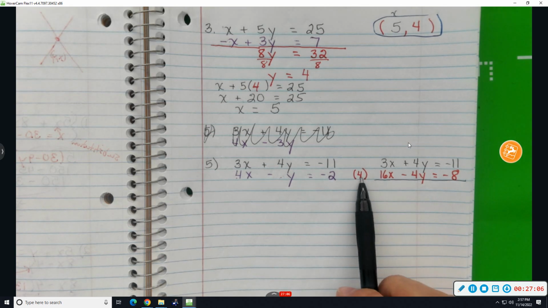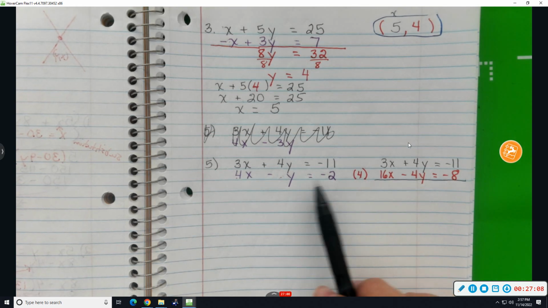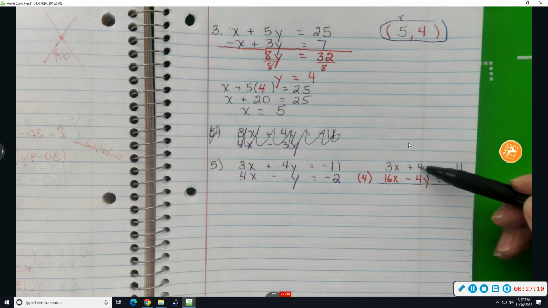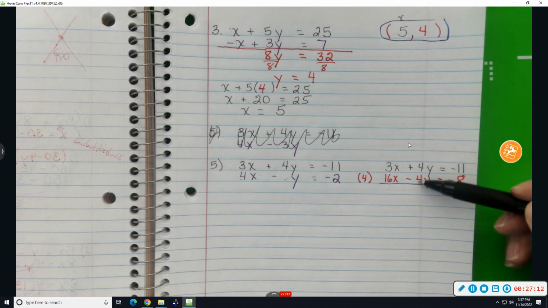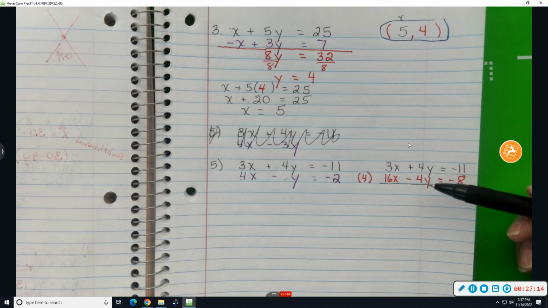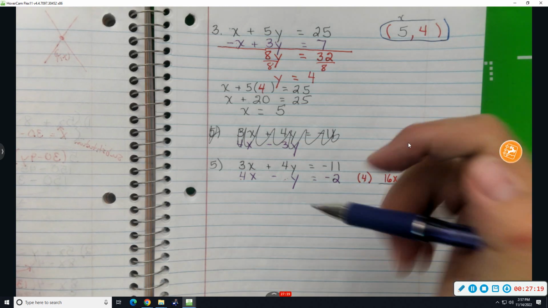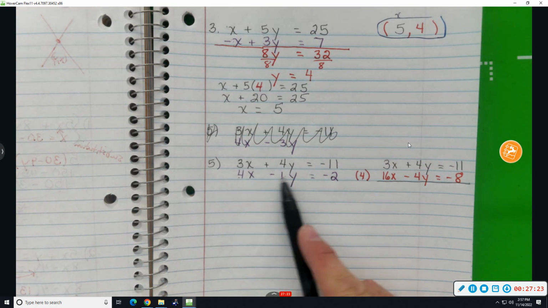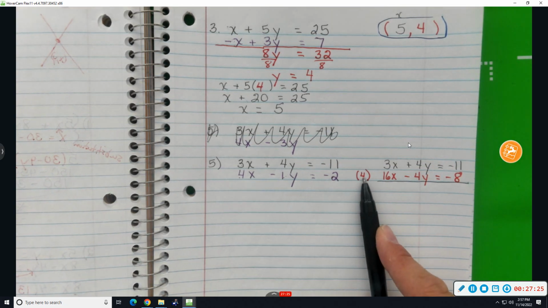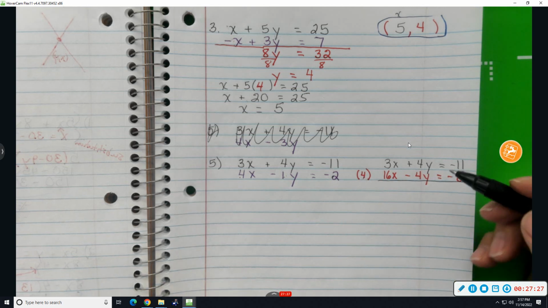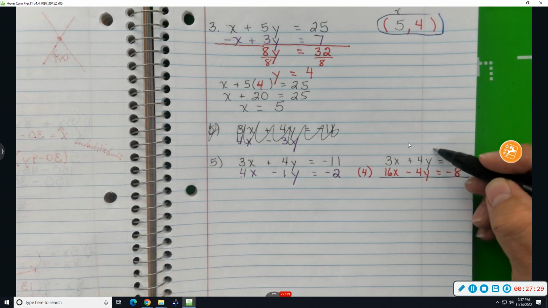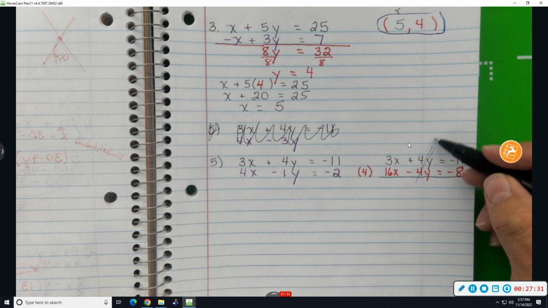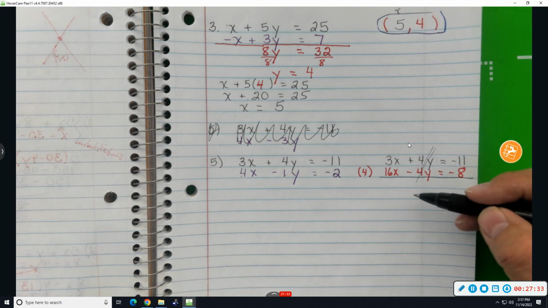I multiplied this second equation by 4 so that I'd have the same number here, but with opposite signs. Remember, if there's not a number showing as a coefficient, you assume it's a 1. That's why I multiplied this second equation by 4. Because now am I able to eliminate the y? Yeah, 4y minus 4y. The y's are gone.